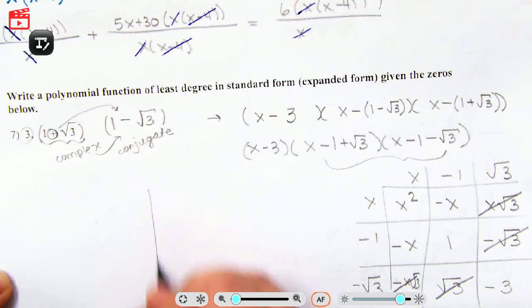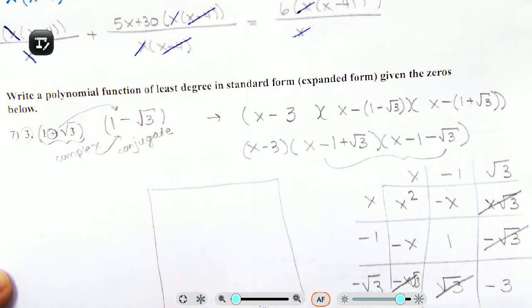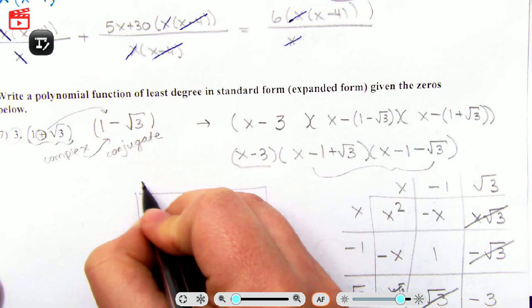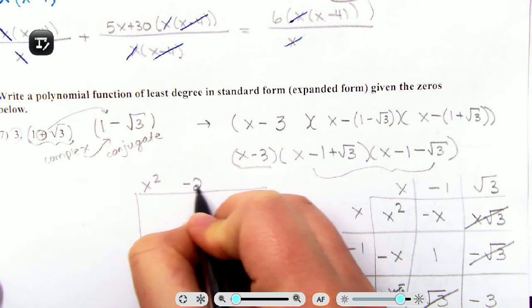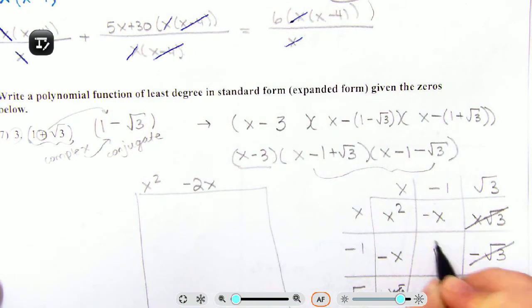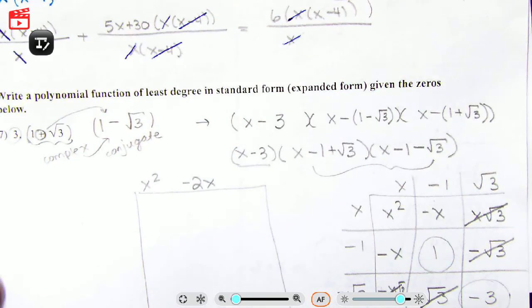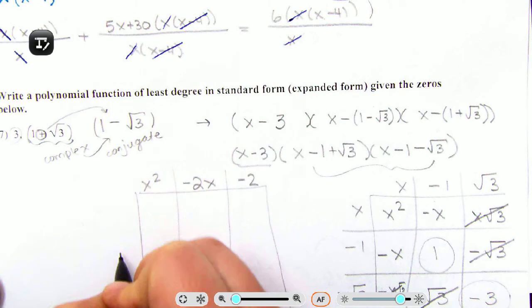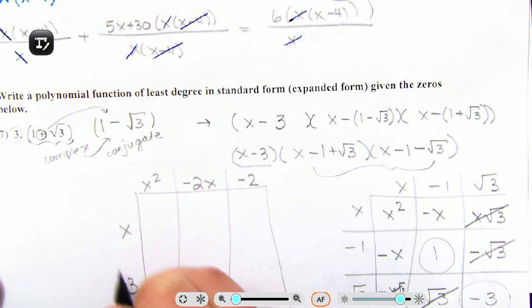So we're going to be using the box method one more time because I still need to multiply it by x minus 3. So what I have here is x squared minus 2x. I can combine like terms here. So I have negative 2. And off to the side here, I have x and minus 3.